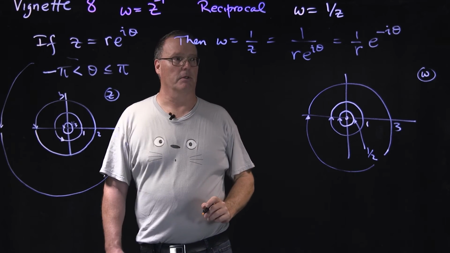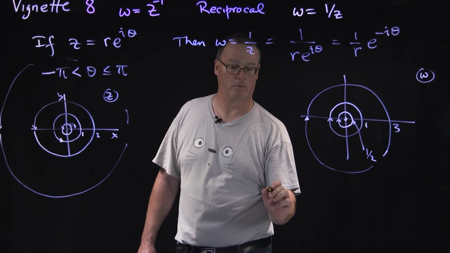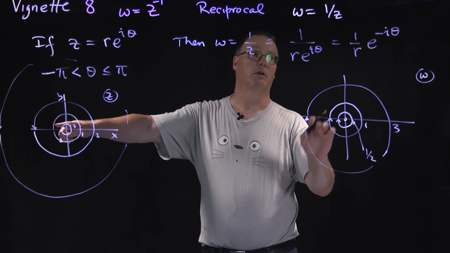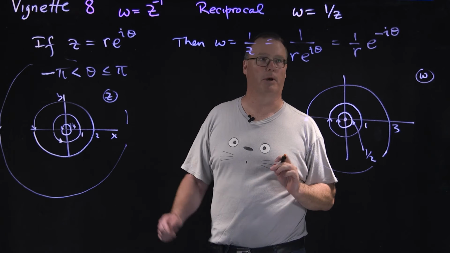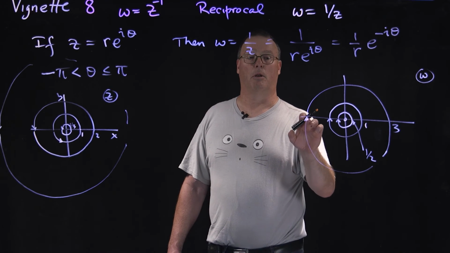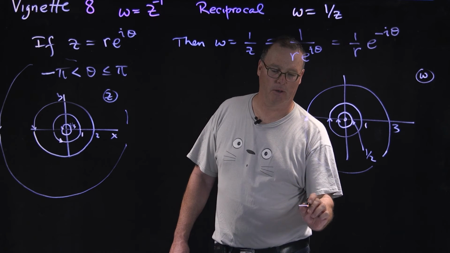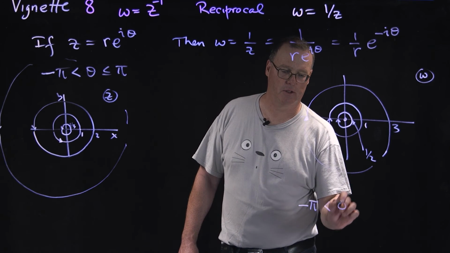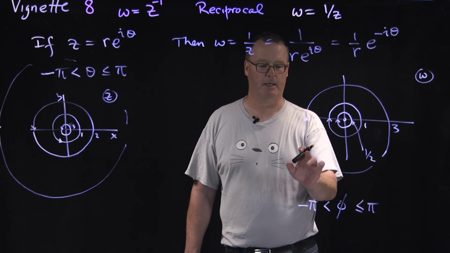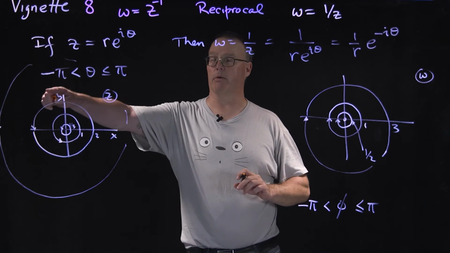Going the other way, it's very straightforward. If we start with a value here, and we want to know which value over there gives it, we need to reciprocate the radius. No problem with that. And we have to negate the angle. Normally, if we're starting in this plane, we measure angles this way. And this is the headache. Anywhere except on that line, we're okay, because all we do is negate that angle, and that gives us the symmetric one over here.